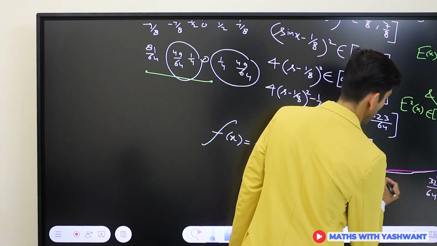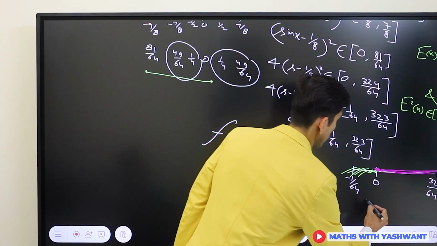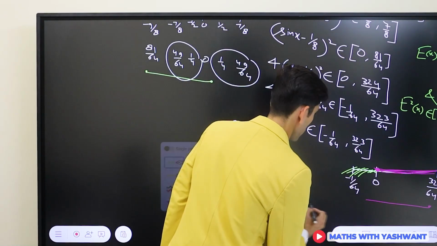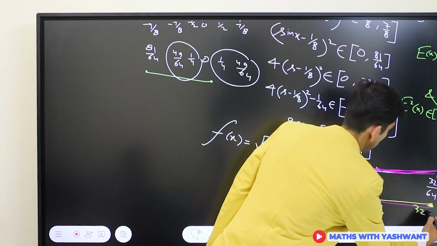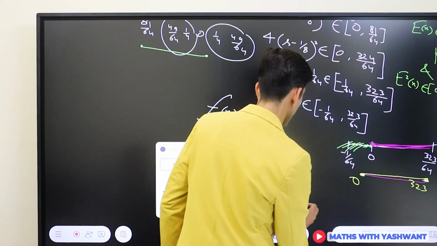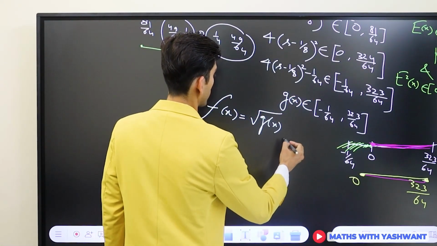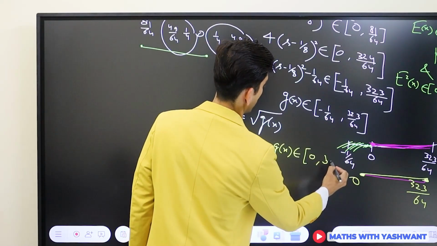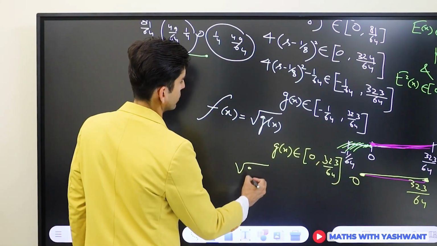and we have to take this portion from 0 to 323 by 64. So again we write gx is 0 to 323 upon 64, and then we take the square root of gx.